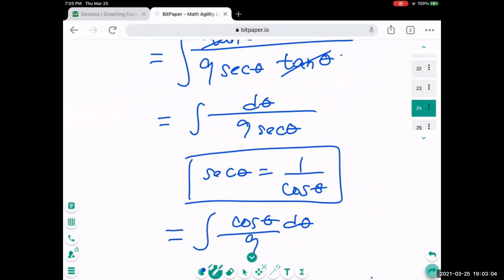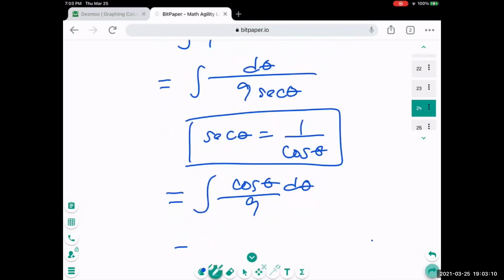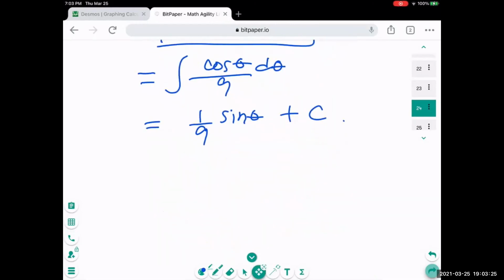So, integral of cosine theta is sine theta, right? So, 1 over 9 sine of theta plus c, right? Okay? So, are we done yet? So, pag tinanong ko yun, ibig sabihin hindi pa.